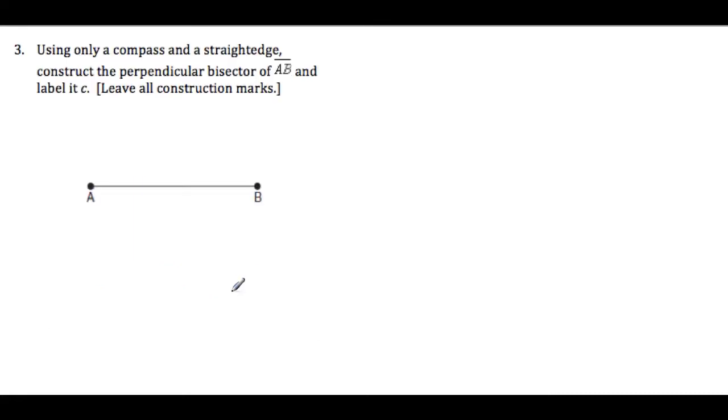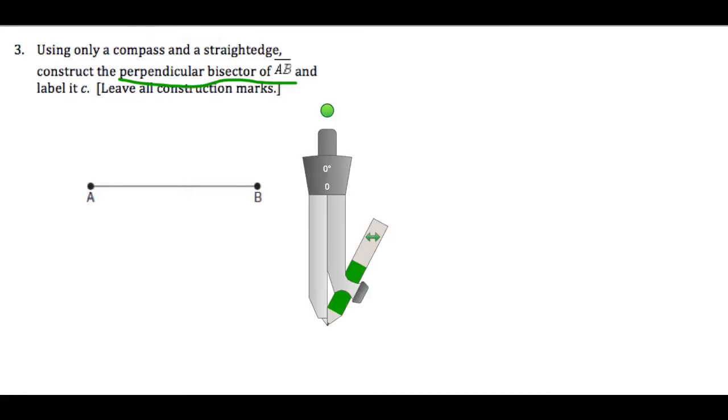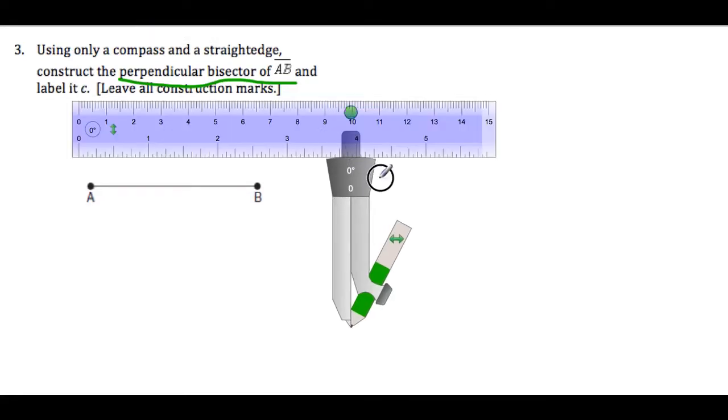Now, let's try to look at number 3. Construct a perpendicular bisector. How do you construct a perpendicular bisector? Take out your compass and a ruler.